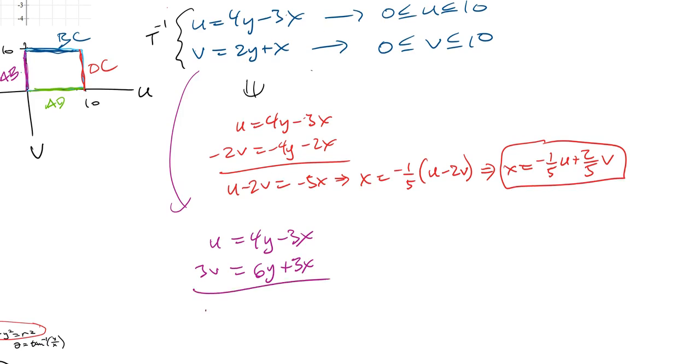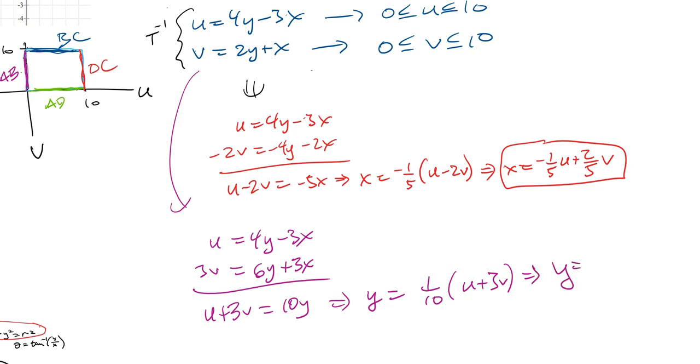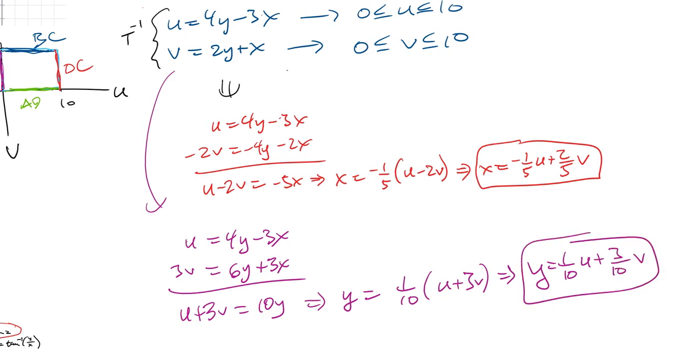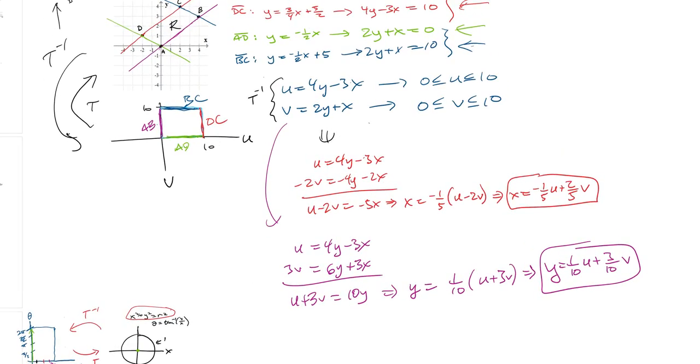Add them, and I get u plus 3v equals 10y. The x's cancel. So y equals 1/10 times (u plus 3v), or y equals 1/10 u plus 3/10 v. So this is the y and the x, and that is going to be our T.